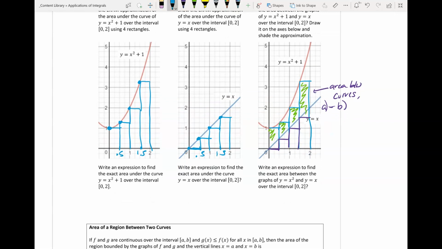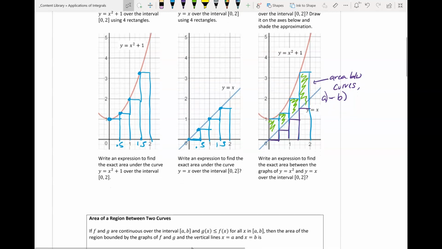Now if we go away from the LRAM and think in terms of integrals, if I want to find the area underneath x squared plus 1, then the interval will be from 0 to 2, so the integral is from 0 to 2 of x squared plus 1 dx. For B, same bounds from 0 to 2, but my function now is x, dx.